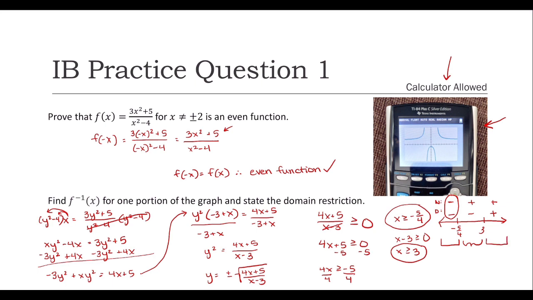So our domain restriction is that x has to be less than or equal to negative 5/4, or x has to be greater than 3 for our f inverse of x, which is plus or minus the square root of 4x plus 5 over x minus 3. So here's our answer with our restriction on our domain.